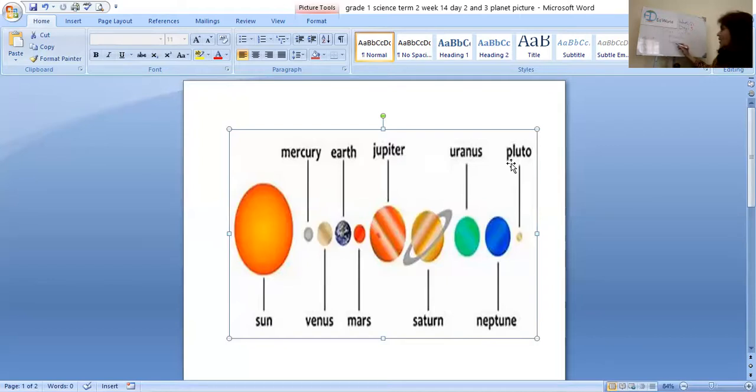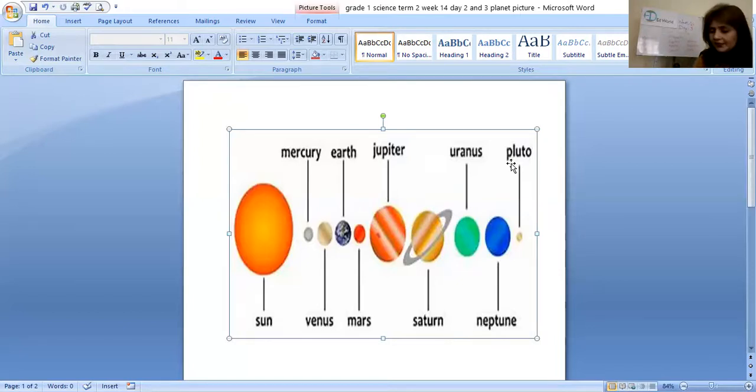Then it is Mars. Then it is Saturn. Then it is Uranus. Neptune. And the last one is Pluto.